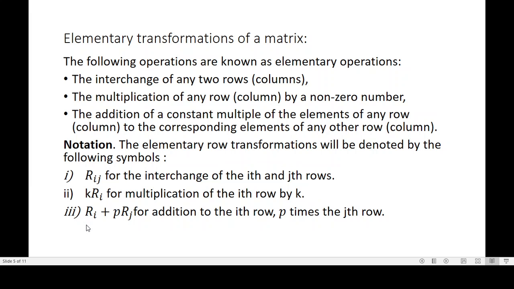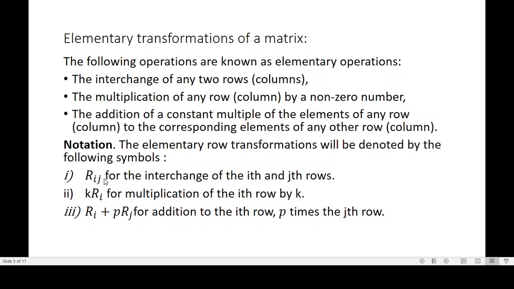Third row operation is denoted by R_i plus p times R_j. That is, jth row elements are multiplied by p and they are added to the corresponding elements of ith row, which means addition to the ith row p times the jth row.